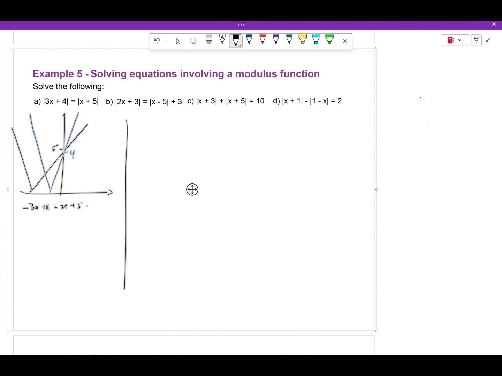Okay. Now I haven't done the explanation, but please bear with me first. So this is negative 9. So this is 2x equals to 9 over 2. 3x plus 4 with x plus 5. So that results into x plus 1 over 2.